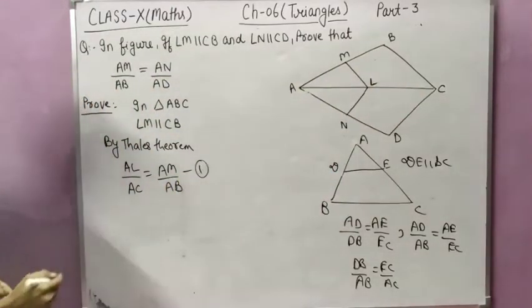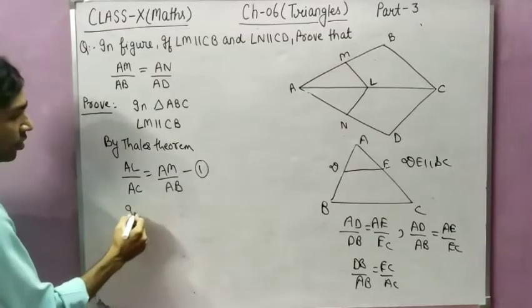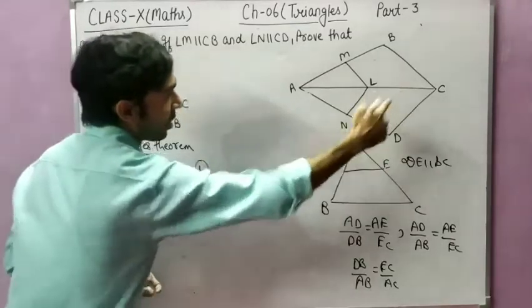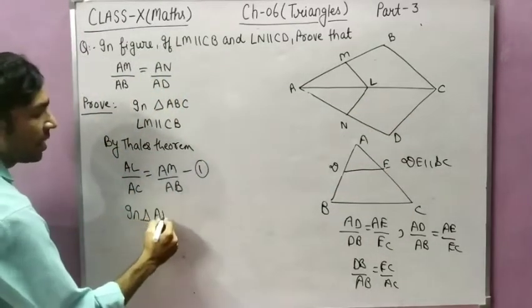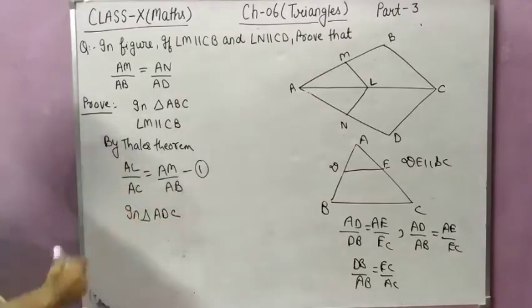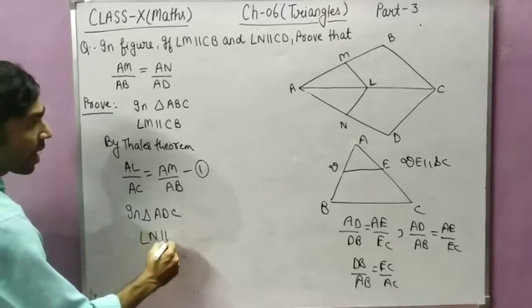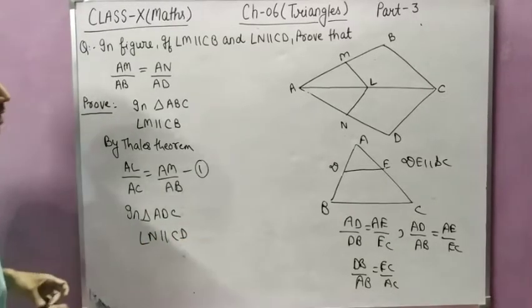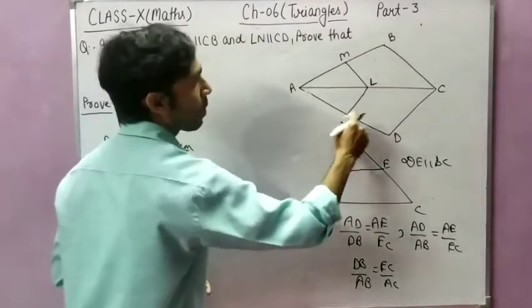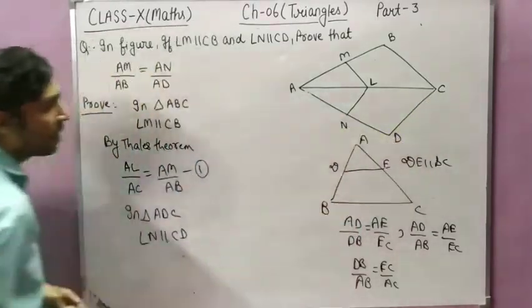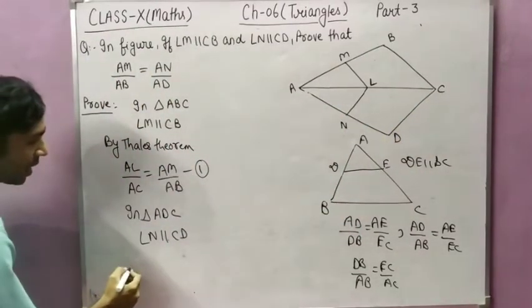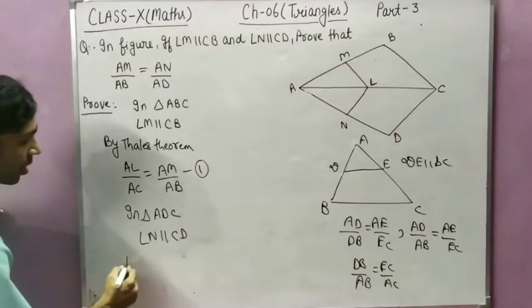Now one more triangle is there, that is triangle ADC. In triangle ADC, LN is parallel to CD. So again we can apply Thales theorem.